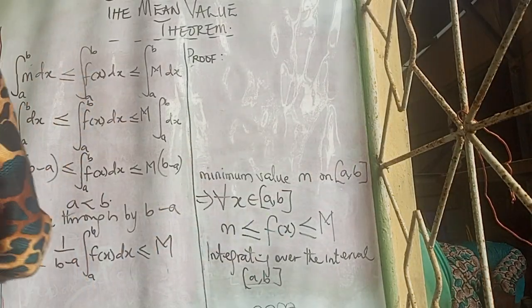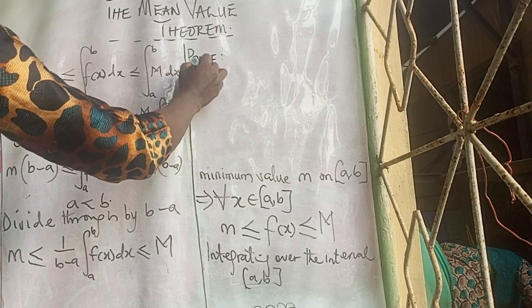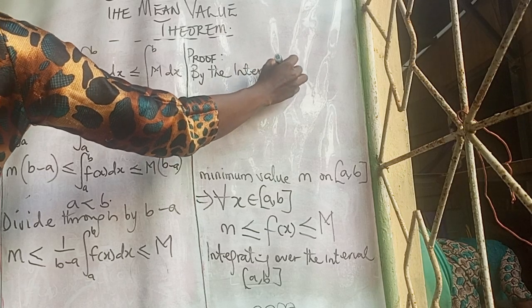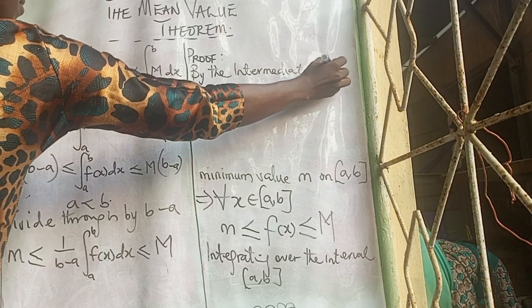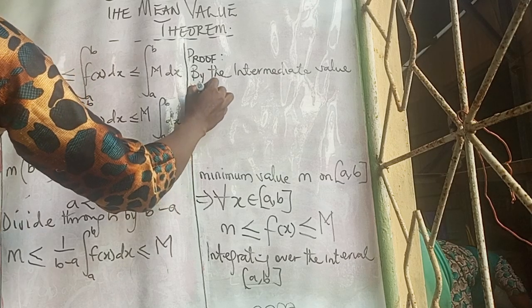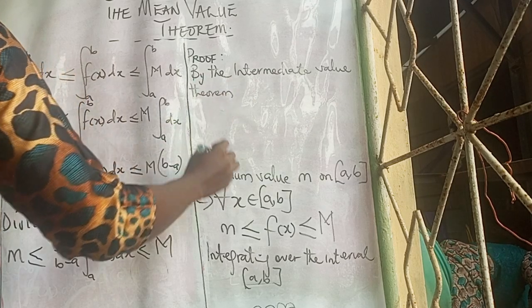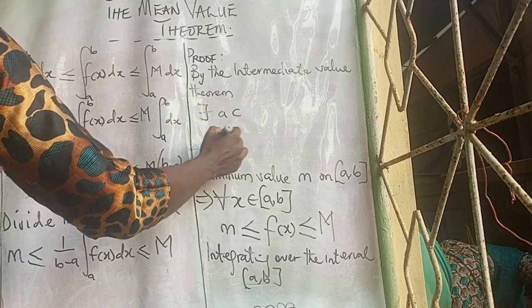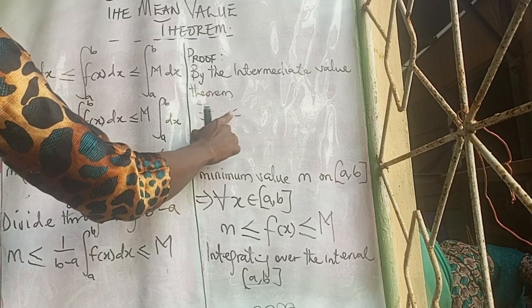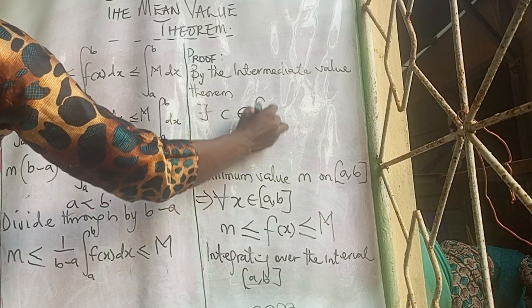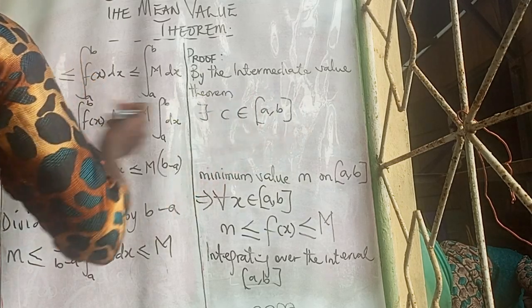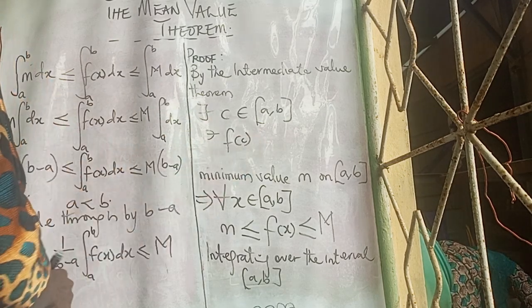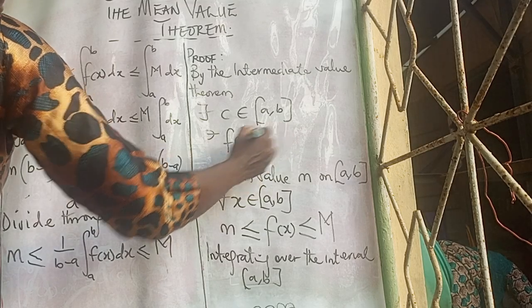By the intermediate value theorem, there exists a c, or better yet, there exists c an element of (a, b) such that f of c will now equal that.